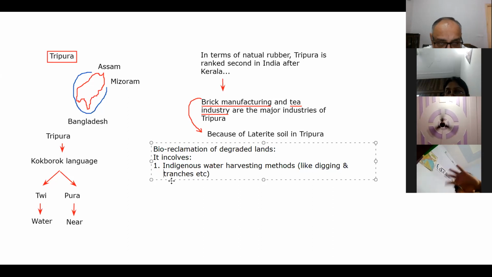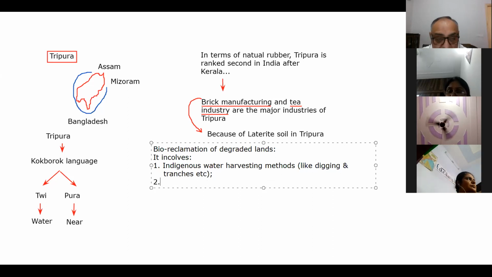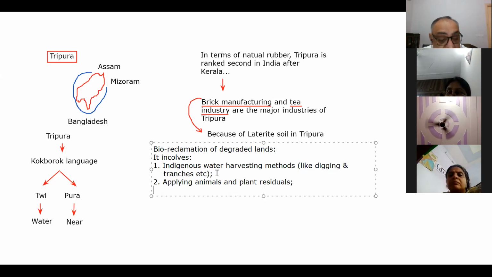So this is the one thing, and the second thing is applying animal and plant residues. So animal and plant residues डालते हैं हम इसमें, means खाद डालते हैं. This is the second.